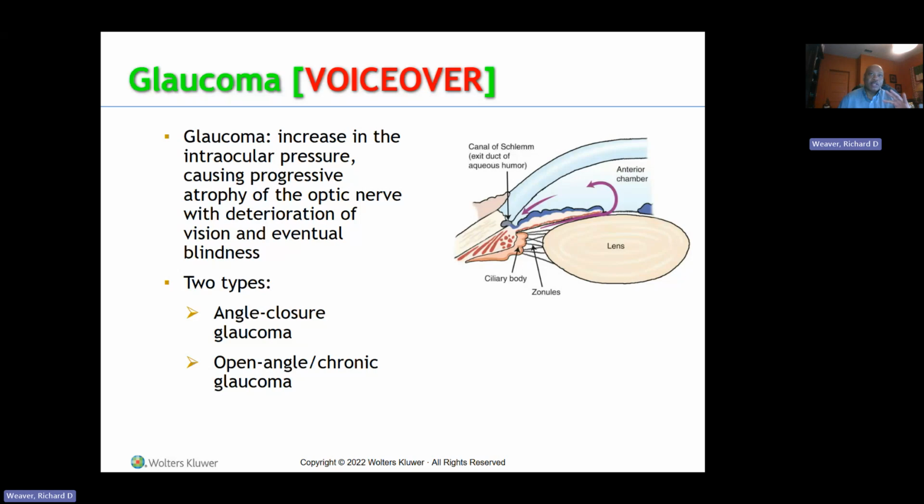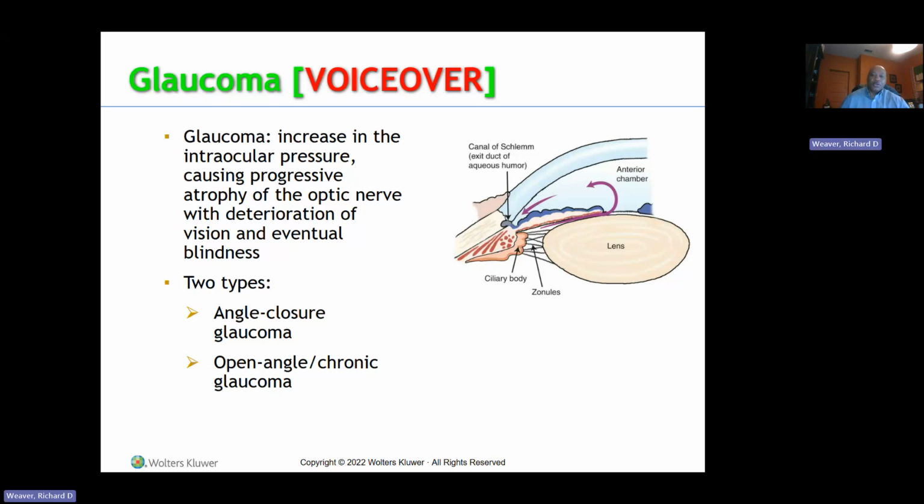Being that there are structures within the eye that are more or less avascular, without a network of blood vessels, it is the aqueous humor that brings nutrients and all sorts of other things that are required for healthy eyes.